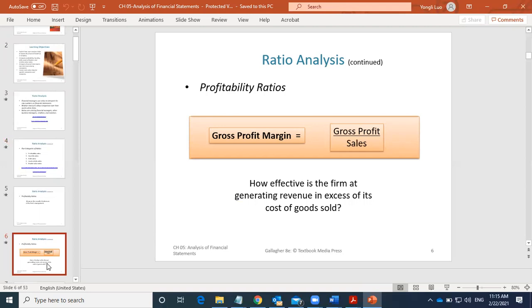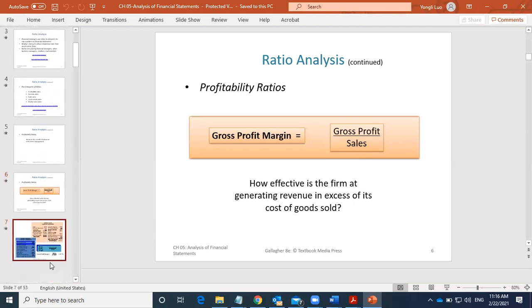Remember, the sales on the first line is net sales, which already excludes selling costs, and it is recorded as revenue. Sometimes you see the income statement call it revenue; sales is also called revenue. So use gross profit divided by total revenue. That's called the gross profit margin.